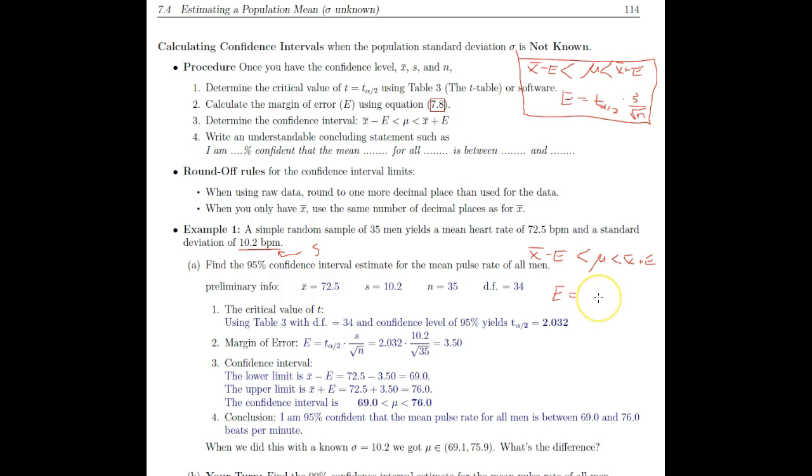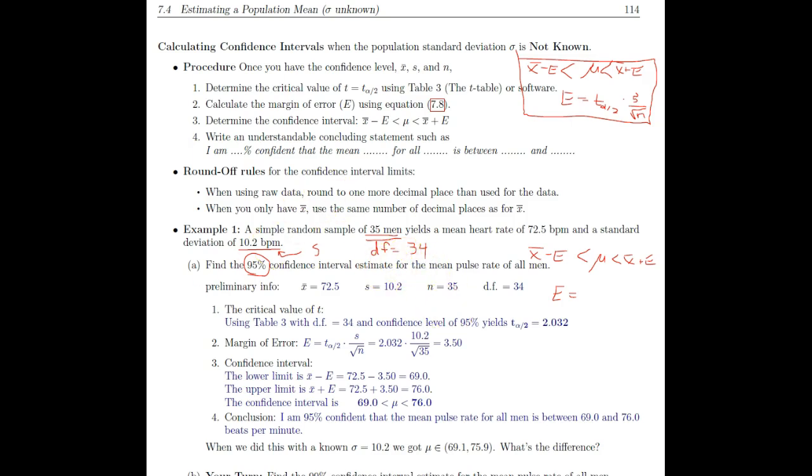Well, what is our t sub alpha over 2? So t sub alpha over 2, we need to know two things. We need to know our confidence level, and we need to know our degrees of freedom. So 95% confidence level, and we have a sample of 35 men. So since we have 35 men, our degrees of freedom equals 35 minus 1, which is 34.